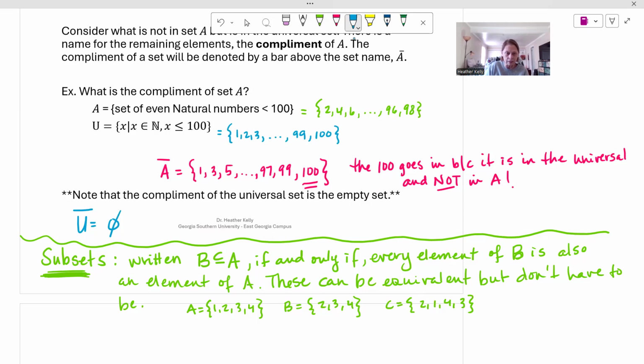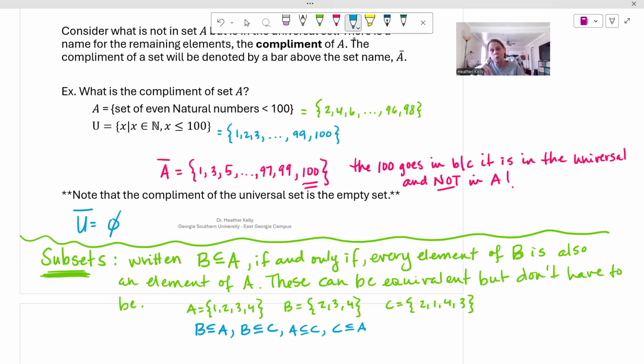We can say that B is a subset of A. We can say that B is a subset of C because 2, 3, 4 and 2, 3, 4, right? We can also say that A is a subset of C, and we could even say C is a subset of A. There's all sorts of things that we could say right there.